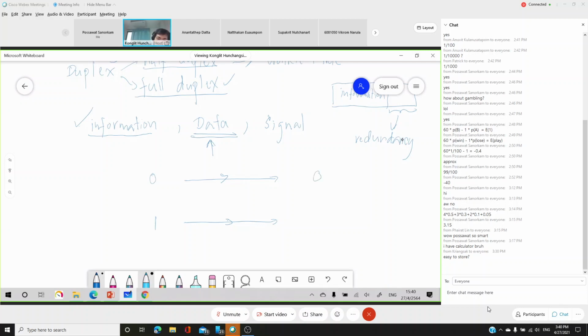So this is at the transmitter, the TX. At the receiver, we call it RX. Make it 80%, and this is 20% error here. Make it 70%, and 30% errors.